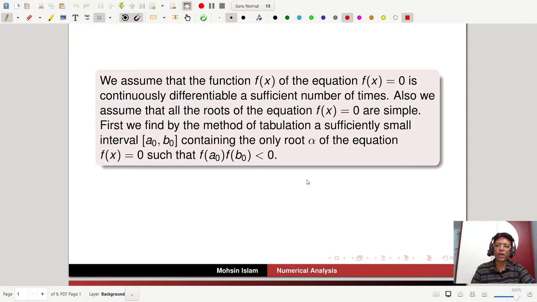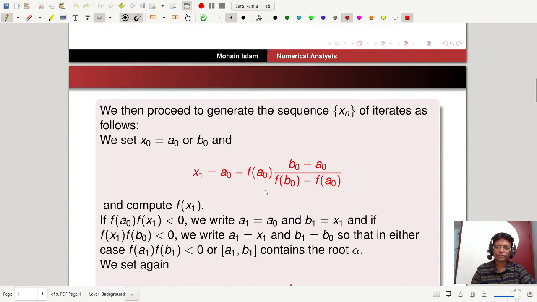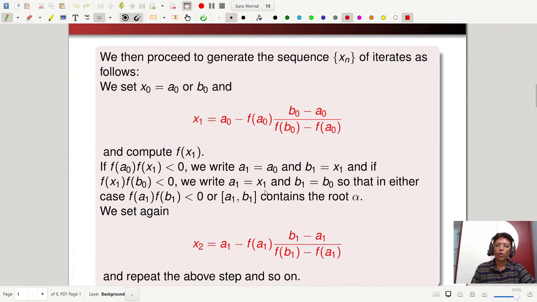Also, assume that all the roots of the equation are simple, and we consider a sufficiently small interval [a0, b0] containing the only root alpha of the equation f(x) = 0, such that f(a0) f(b0) < 0. We then proceed to generate the sequence x_n of iterates as follows.